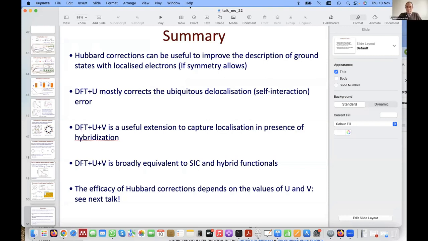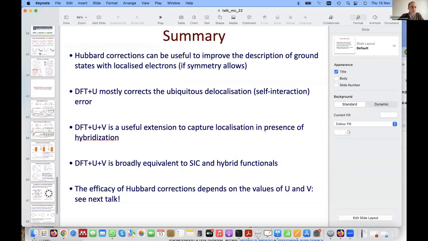So that's true formally, in the sense that, especially in the early implementation of DFT+U, it was proposed by Liechtenstein, that I showed before. Let me fish it out.